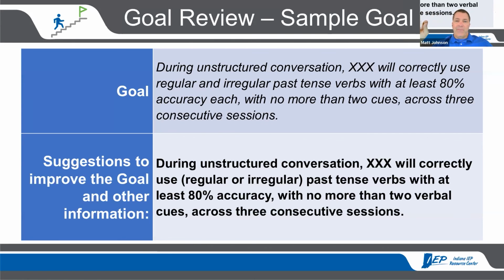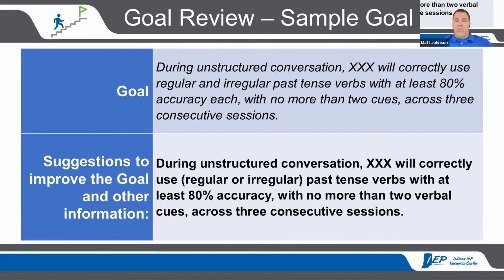In the conversation with the group that I had, I was a fan of just removing this parenthetical phrase here. So instead of having these parentheses, it just read, will correctly use past tense verbs. I don't think you need to say at least 80% accuracy, but that's fine.